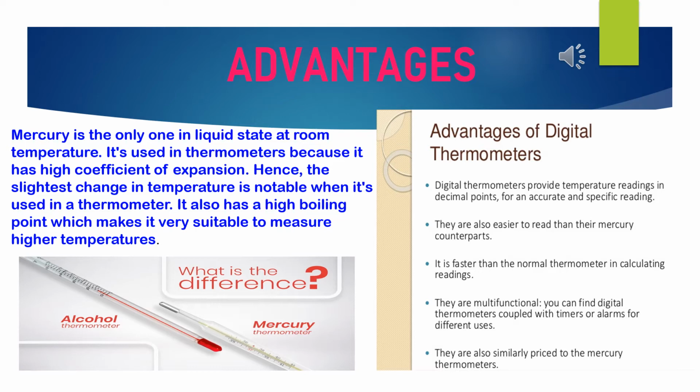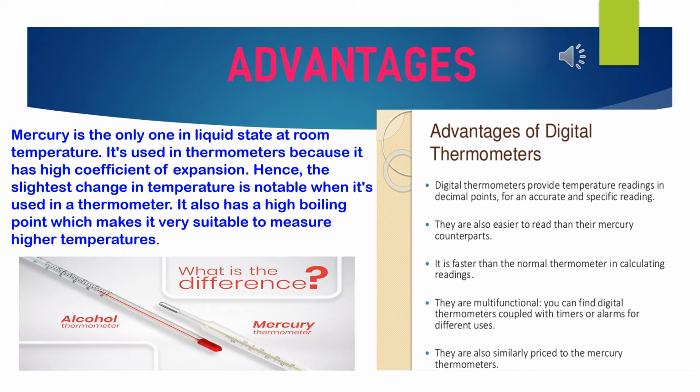Number 4, mercury doesn't wet the glass wall and hence does not stick to glass while expanding or contracting. Number 5, the boiling point and freezing point of mercury are about 357 degrees Celsius and minus 39 degrees Celsius respectively.